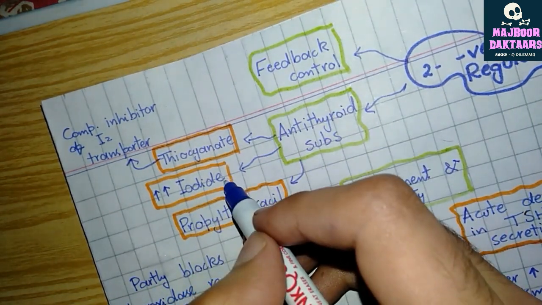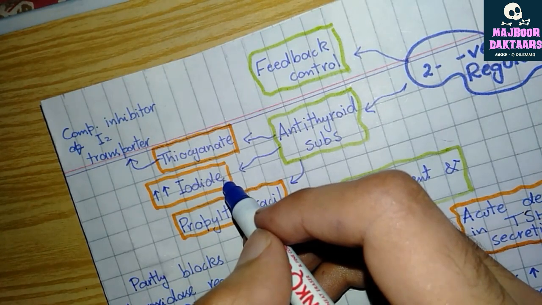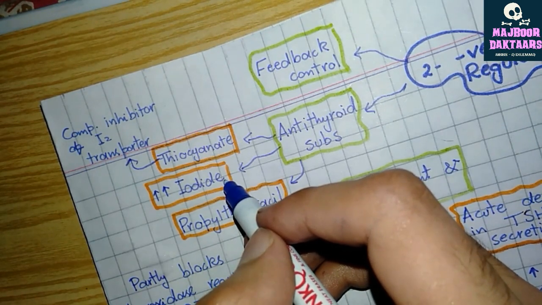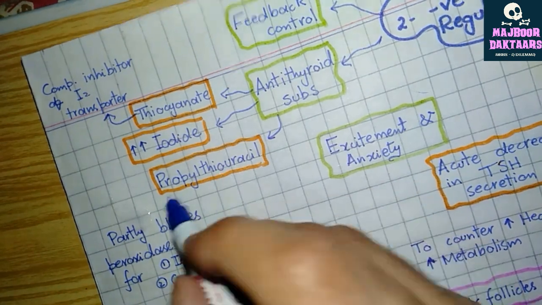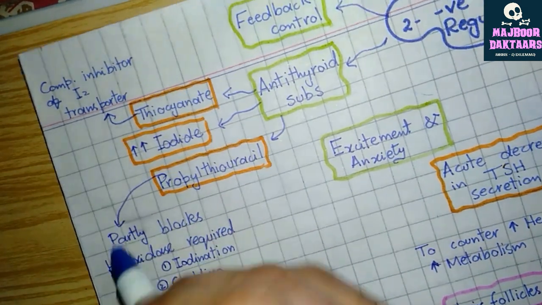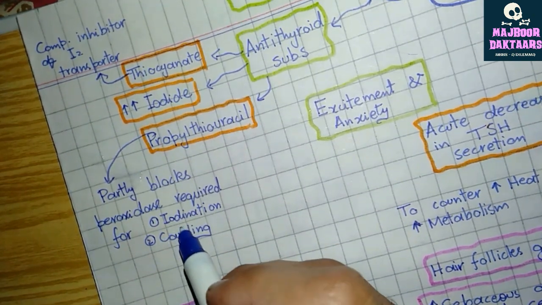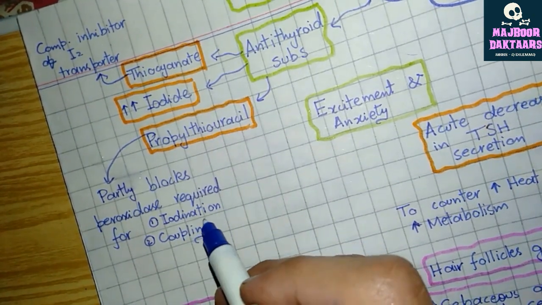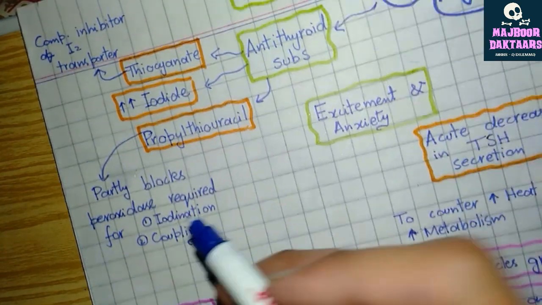Increased iodide halts the functioning of the thyroid gland and decreases the blood supply to it, while propylthiouracil partially blocks the peroxidase which is required for the iodination in the formation of thyroid hormone and the coupling process.